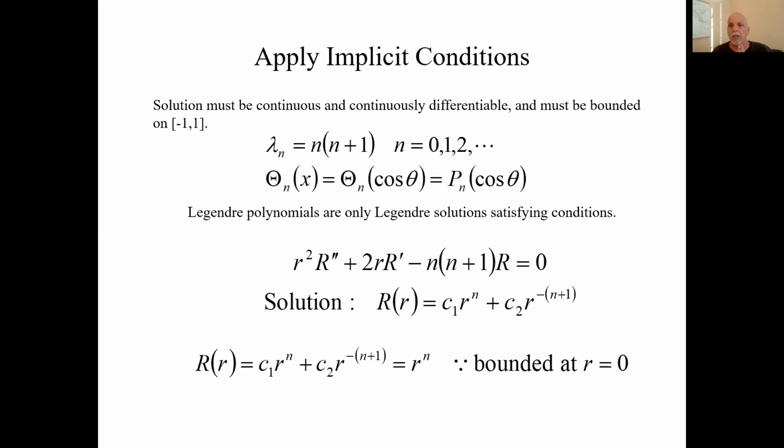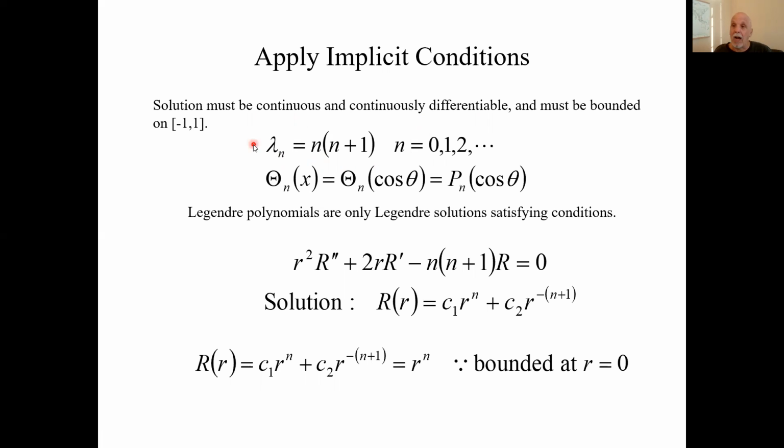So now let's get into applying conditions. Here's one of those implicit conditions: the solution must be continuous and continuously differentiable. That only happens when the lambda in that equation is n times n plus 1. We make it the Legendre equation we saw earlier in the course.